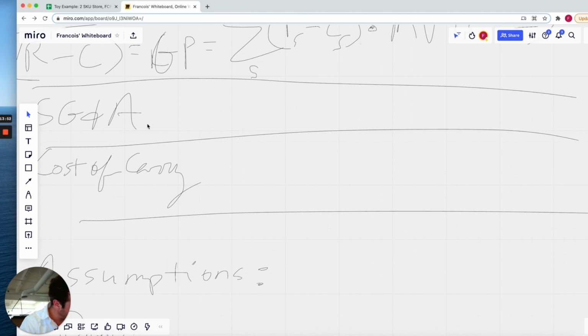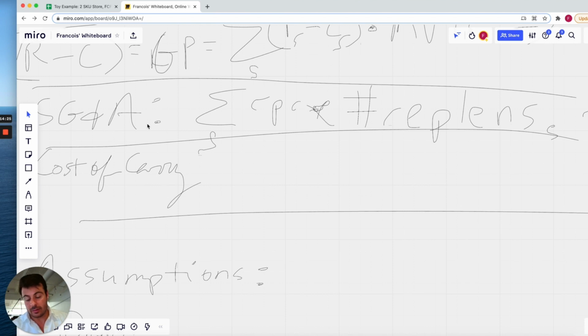So let's say my SG&A is going to equal the sum of all my SKUs, how I have to stay in stock in each SKU, the cost per replen times my number of replens for that SKU, S. And the number of replens is equal to my movement, which we already defined up there, divided by my shelf capacity of S.